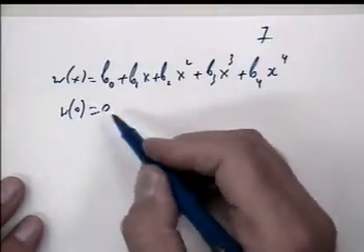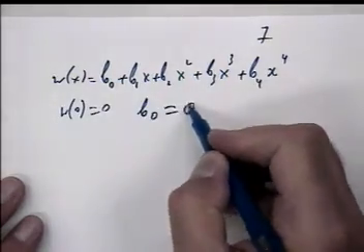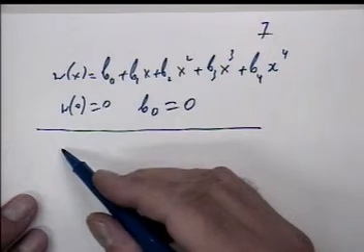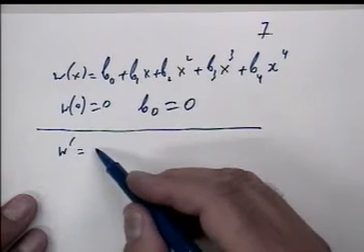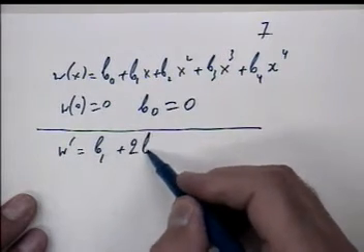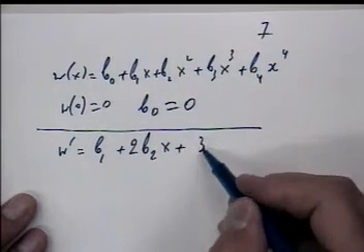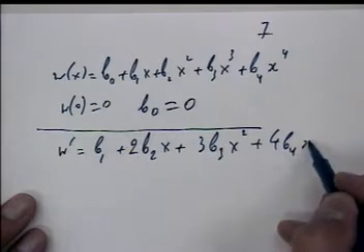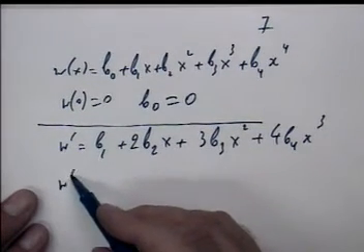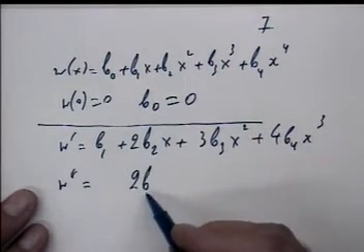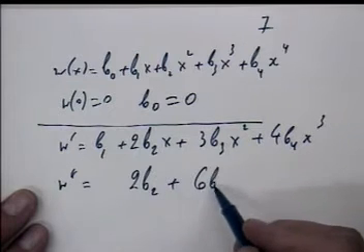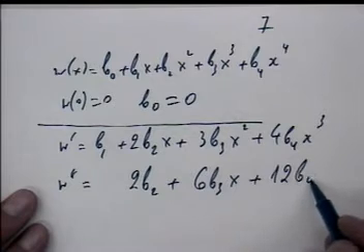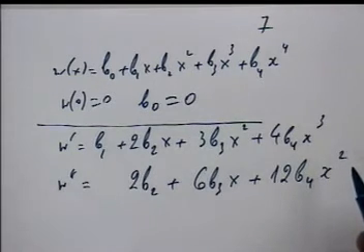W at 0 equals 0, so b0 is 0. Now we calculate the derivative. b1 plus 2 times b2x plus 3 times b3x squared plus 4 times b4x cubed. Second derivative. 2 times b2 plus 6 times b3x plus 12 times b4x squared.